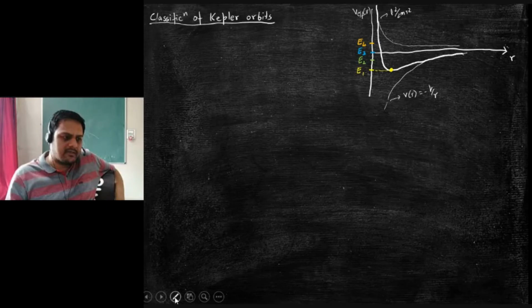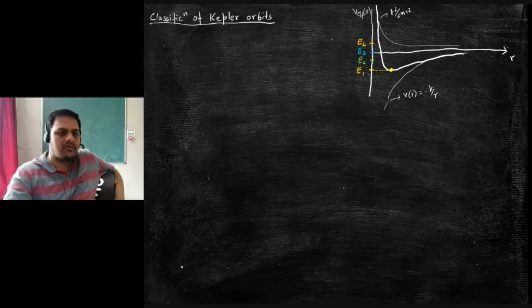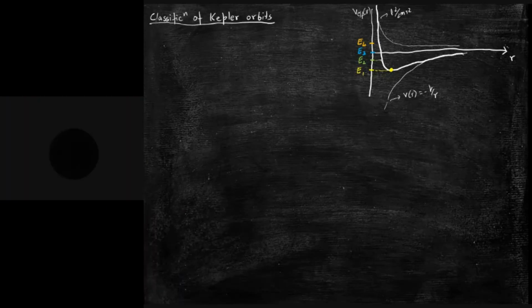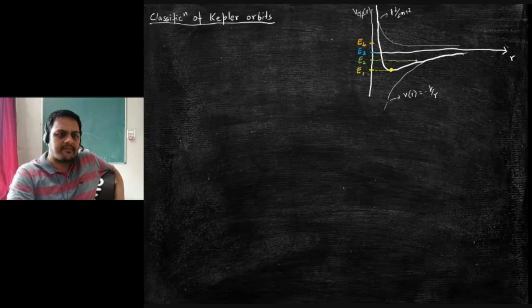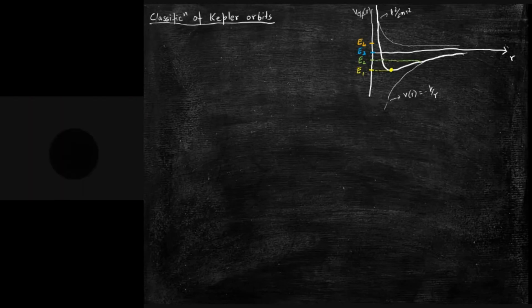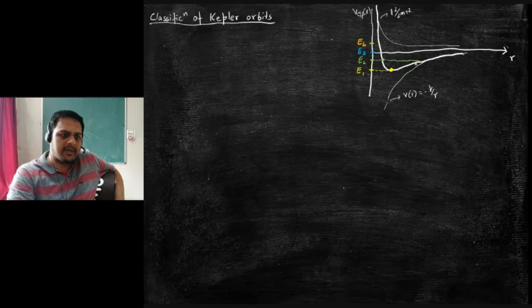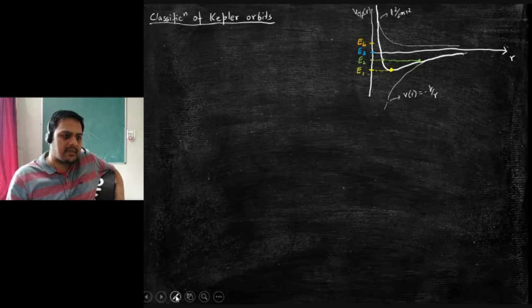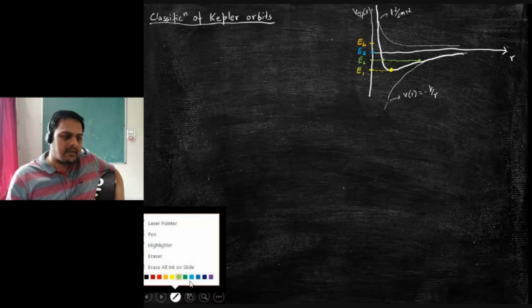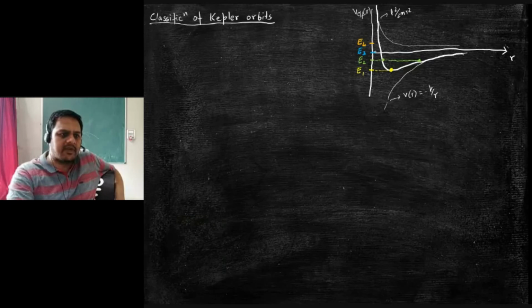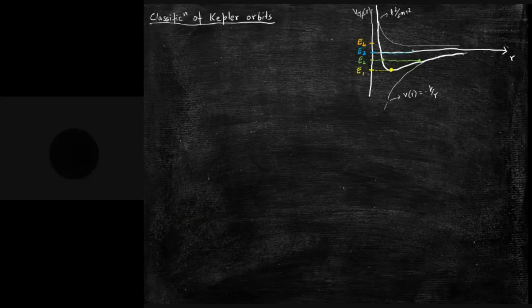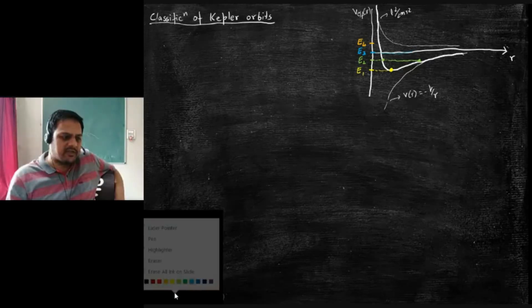Very good. Then E2, based on last time's classification, you can tell. E2 will be a bounded orbit. Very good. It will be bounded between here and here. Excellent. E3 and E4 are both kind of unbounded, but otherwise, from last time's discussion, at least we have no difference between them.